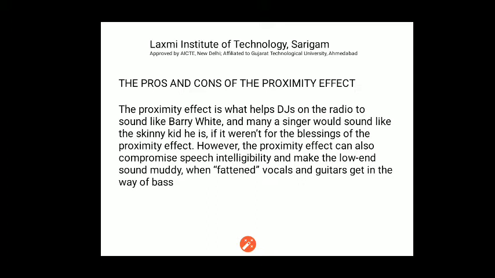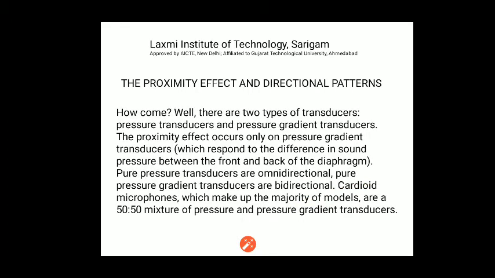However, the proximity effect can also compromise speech intelligibility and make the low end sound muddy, when fattened vocals and guitars get in the way of the bass. Next we will discuss the proximity effect and directional patterns.